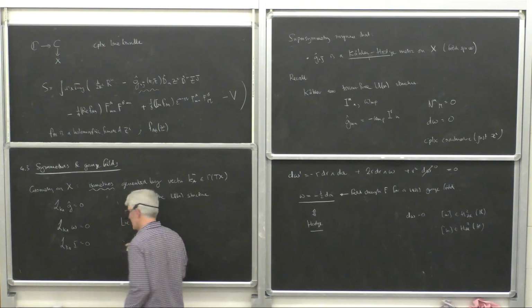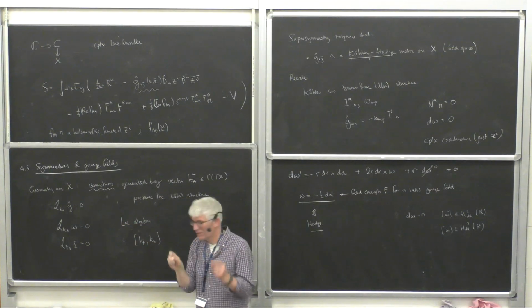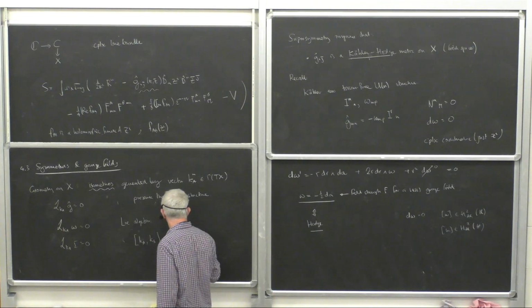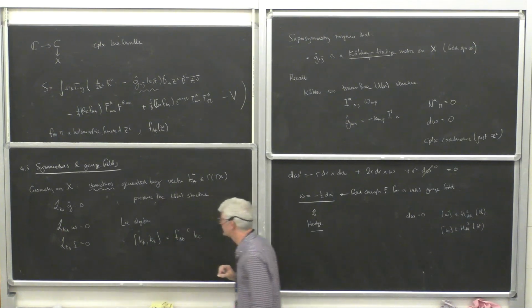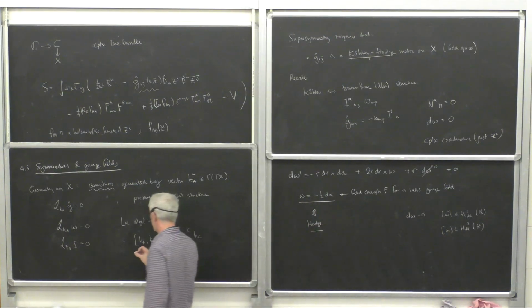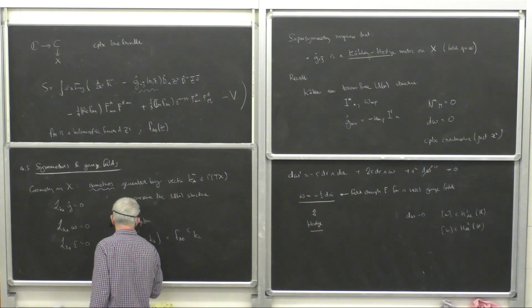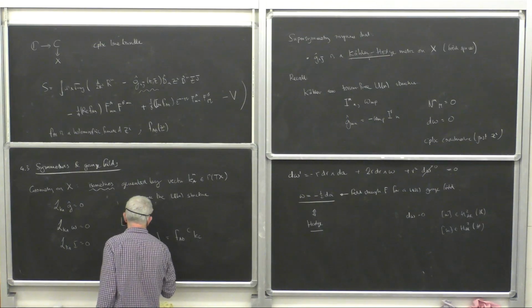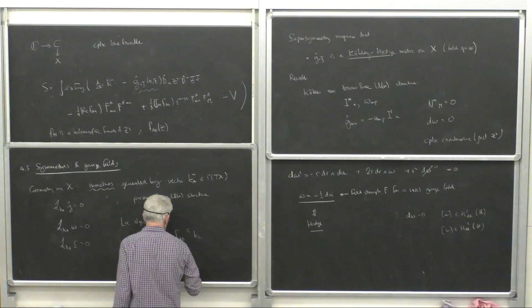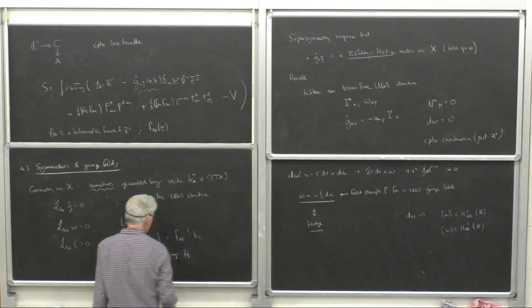This is the Lie bracket of vector fields. This is going to give me some Lie algebra for the isometry group. Let's call it H. I'll call the isometry group H.